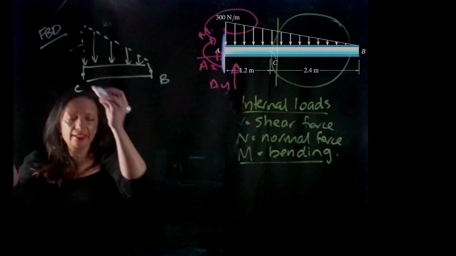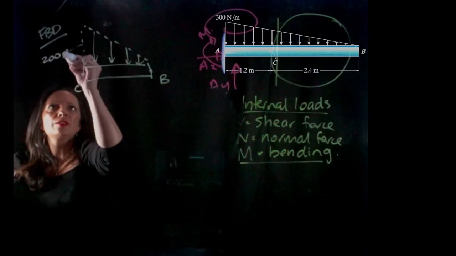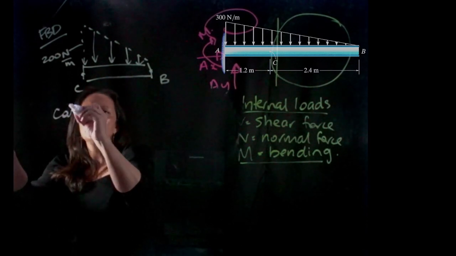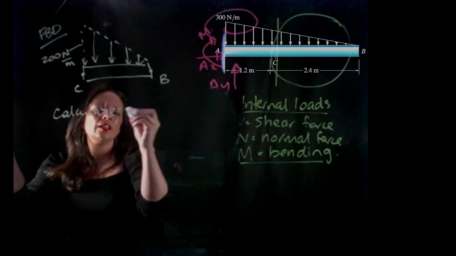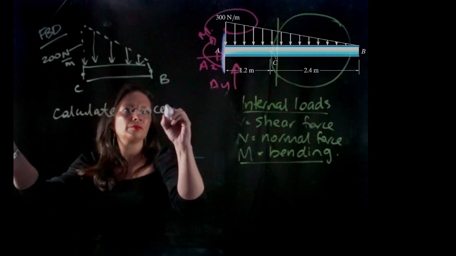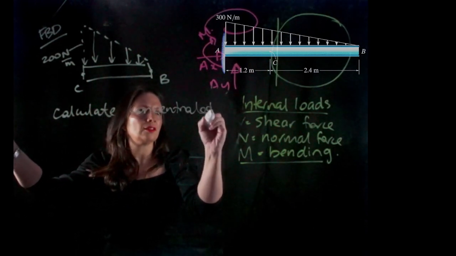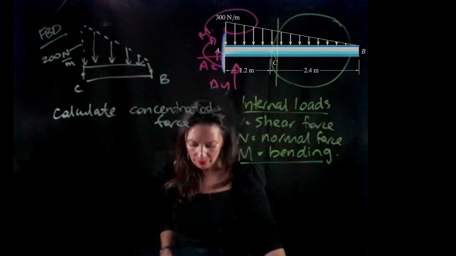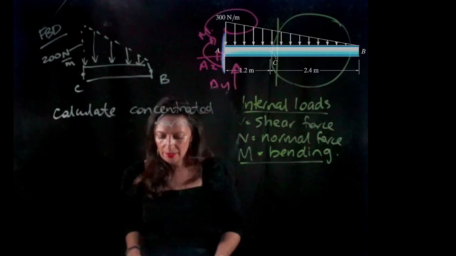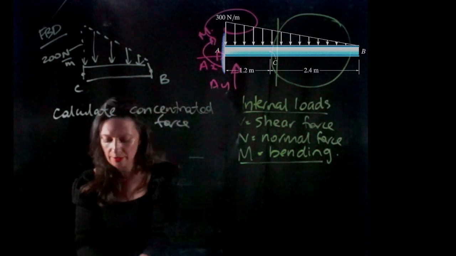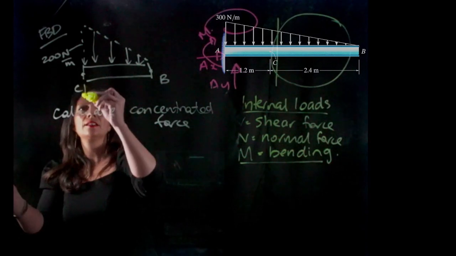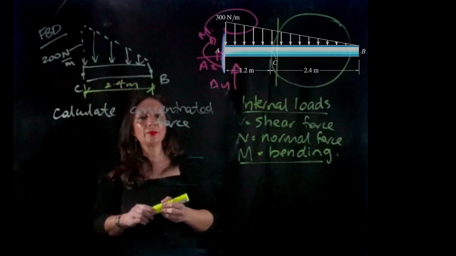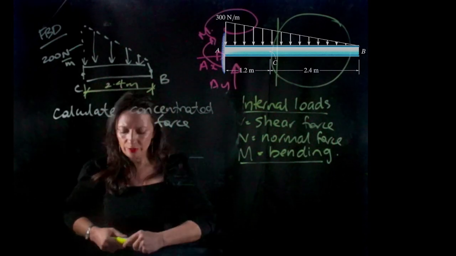And I've already calculated this is 200 newtons on the meter, and now I need to calculate the concentrated force. So I know what my length is. My length is 2.4 meters.